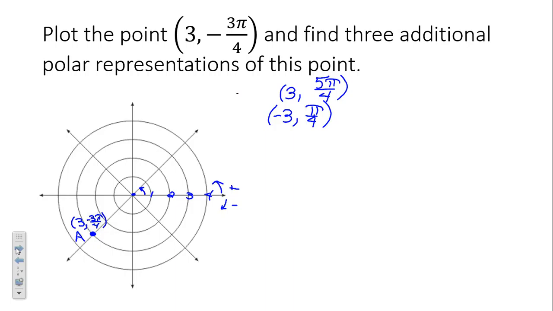So 3 steps out. Okay? So far so good? All right, so let's find one more polar representation. What do you think?